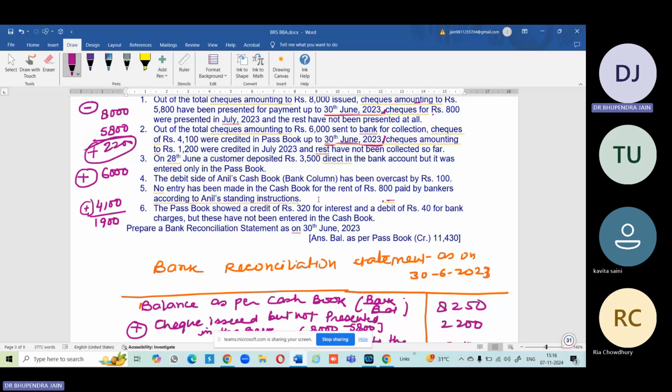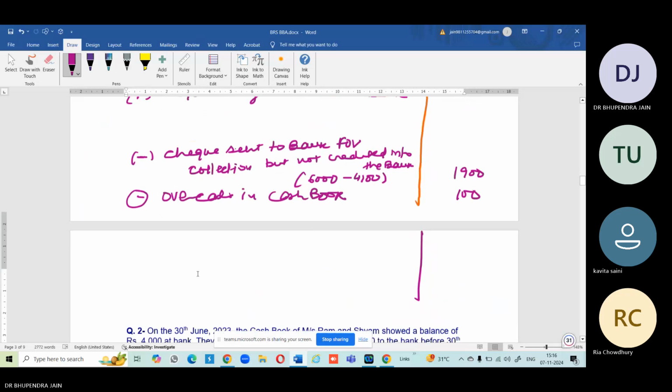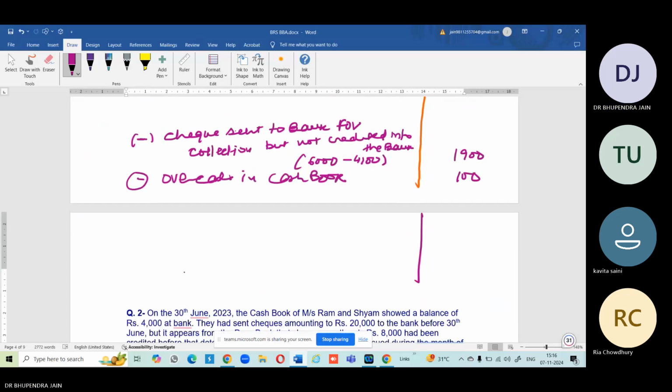That's why we have to subtract rupees 800 from your cash book. What will we write, dear? Minus. Rent directly paid by the bank, 800. Okay.